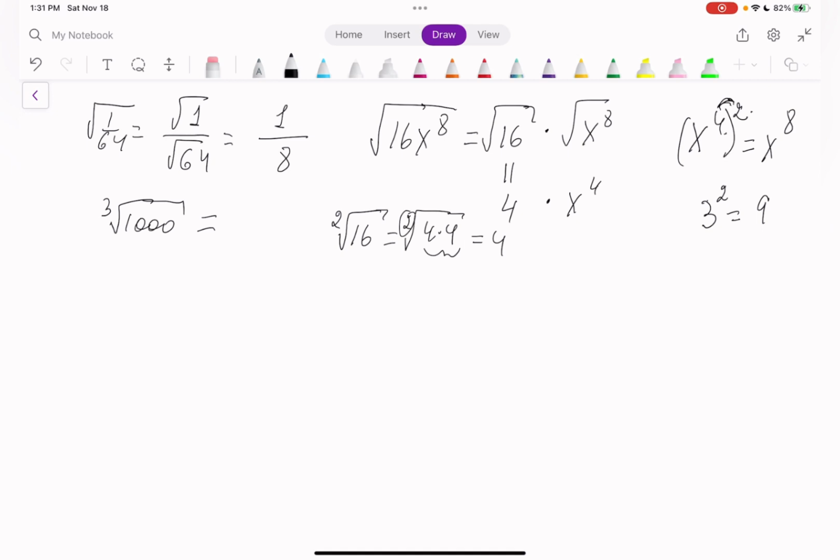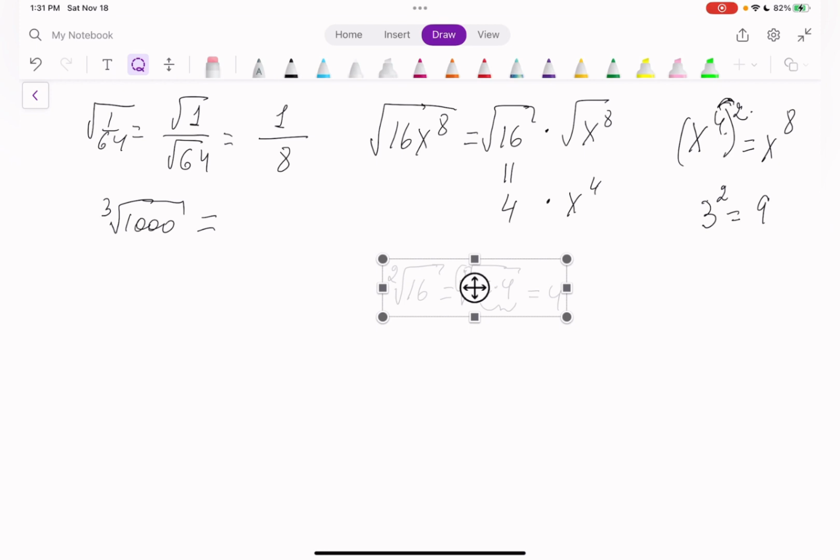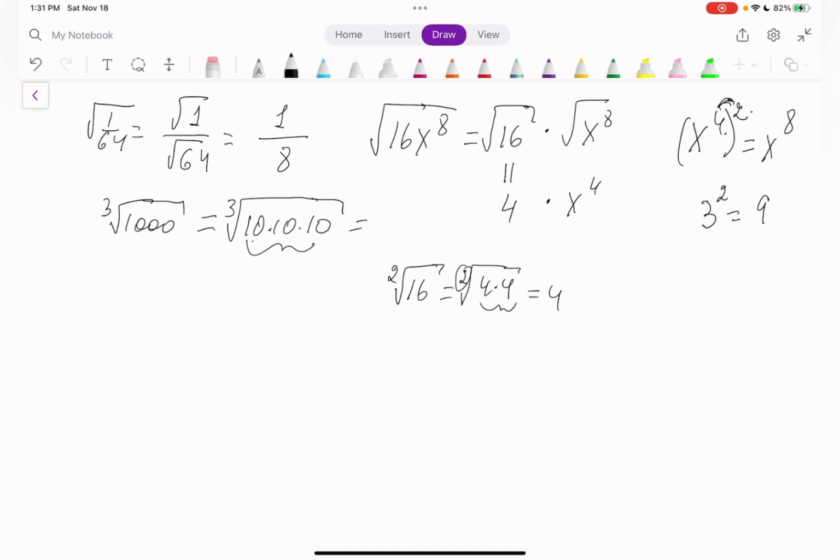Now, in this case, 1000, that means I have degree 3. So I need to have 3 of the bases at the same time, meaning 1000 I can put as 10 times 10 times 10, right? That means I have 3 of them, so 1 ten will come out.